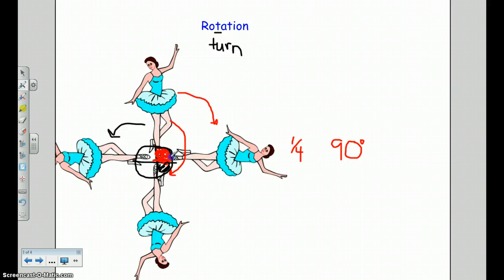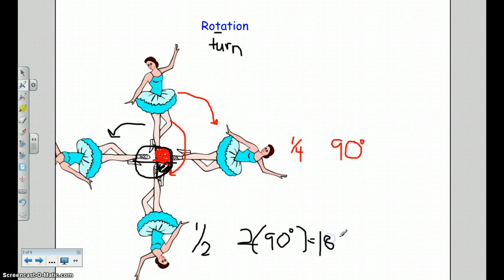So she turned past the 1/4 to the 2/4, which we could simplify to say a 1/2 turn. And now she has two 90-degree angles. So 2 times 90 degrees would equal 180.